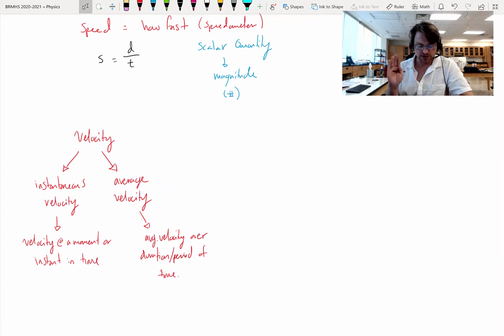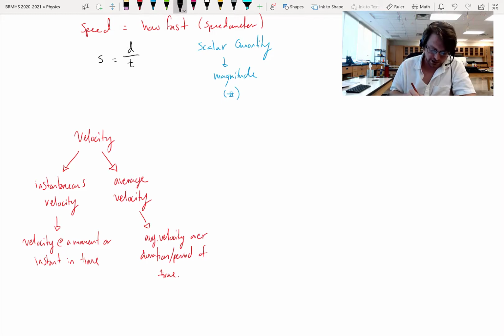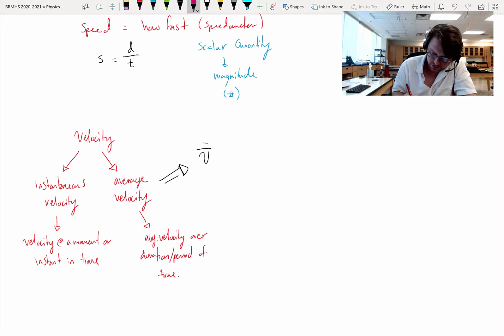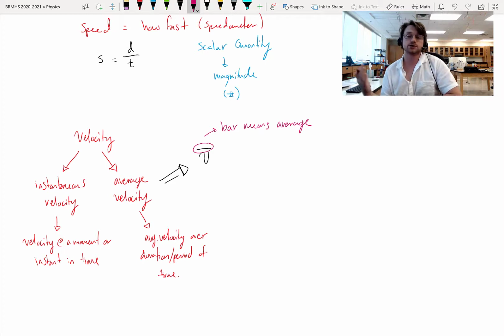So let's say we need a definition here for our average velocity. Symbolize that with a V. A lot of times you'll see it with a bar over it because the bar actually means average. But we usually get tired of writing that, and you just use the context of the problem or the equation to determine if we're talking about average velocity or instantaneous.